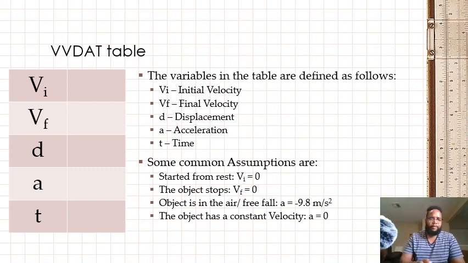Both of these won't happen at the same time. If the object is in the air, or you're saying free fall, then your acceleration is negative 9.8. Now if it's not in the air, you cannot assume this acceleration. You either have to use the acceleration given or you'd have to find acceleration. If the object has a constant velocity, that means A is equal to 0.